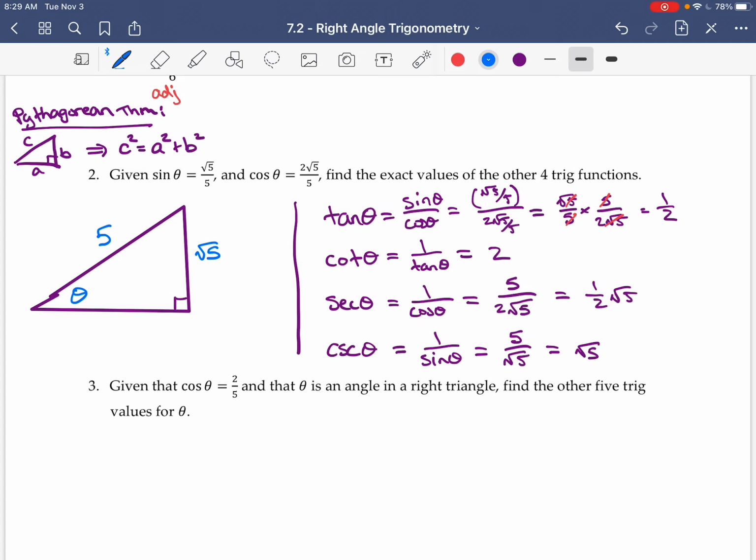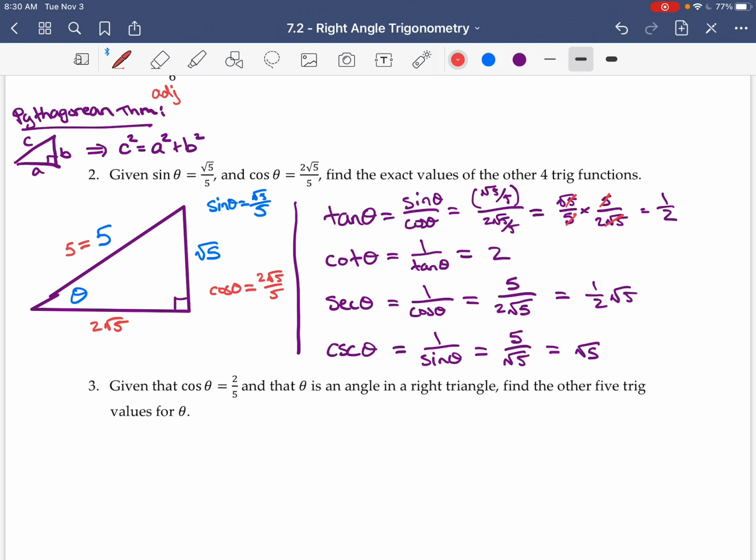Now cosine theta equals 2 root 5 over 5 tells me that this side should be 2 root 5 and this side is also 5, which makes sense. Okay, they're equal, so this probably is the right thing.